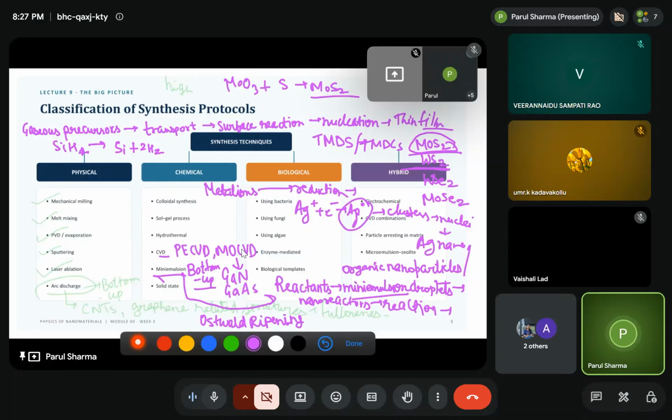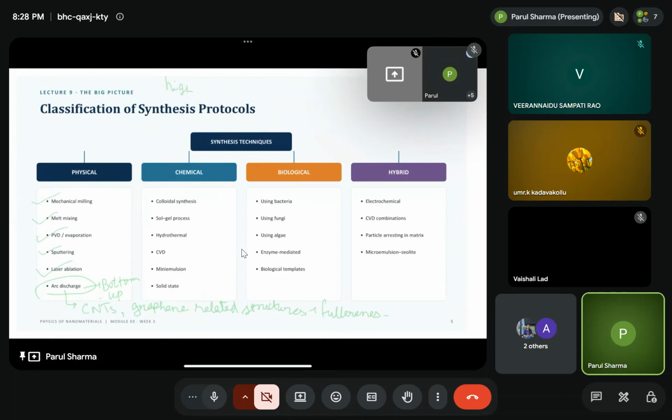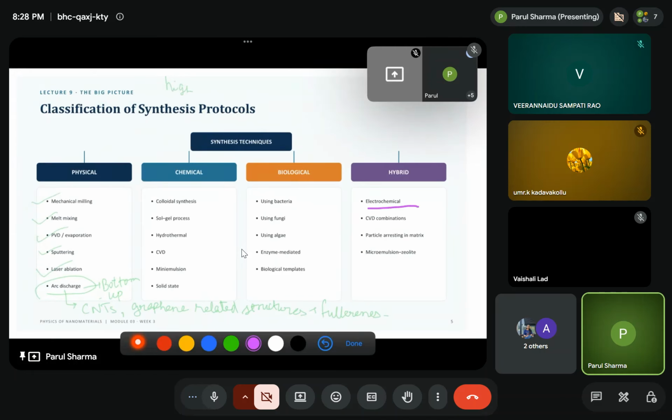An electrochemical system consists of anode, cathode, electrolyte and power supply. So nanoparticles will form, suppose we have metal ions in solution.